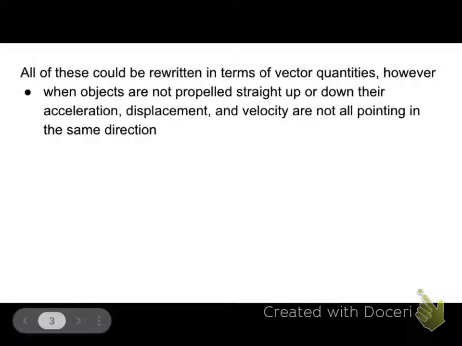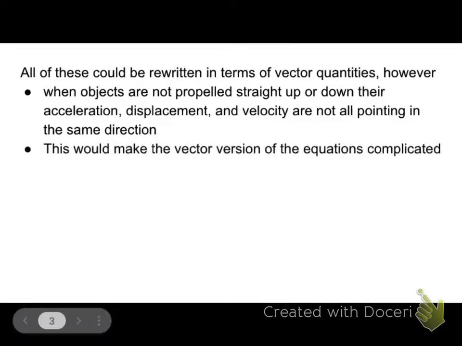Because when objects are not propelled either straight up or down or in a straight line, their acceleration, their displacement, and their velocity are all pointing in different directions, which means that the equations that we would write would be very complicated and difficult to use.